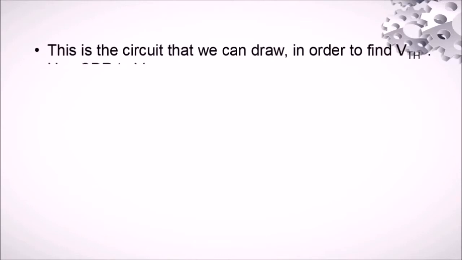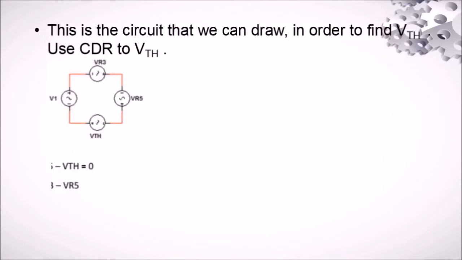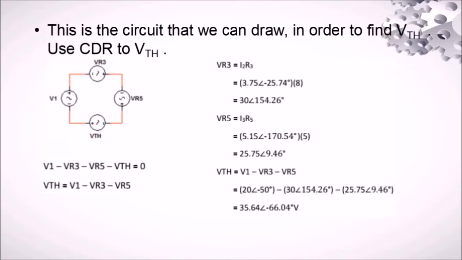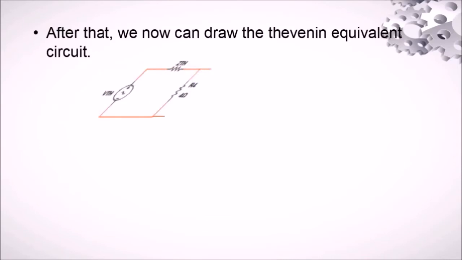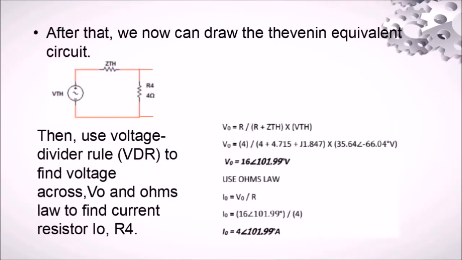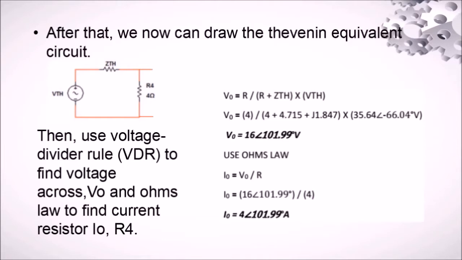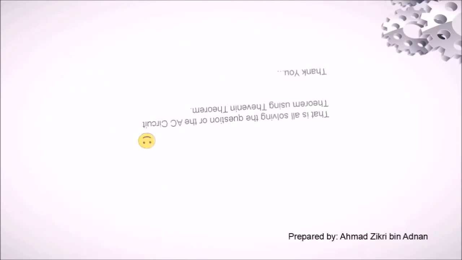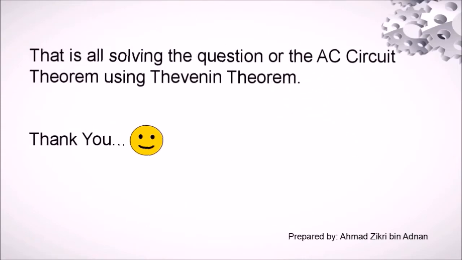From the circuit, we can construct the circuit to find VTH using the current divider rule, and then we can draw a Thevenin equivalent circuit, and to find the voltage we can use VDR and Ohm's law to find the I0 at R4. Thank you. That is all from me.